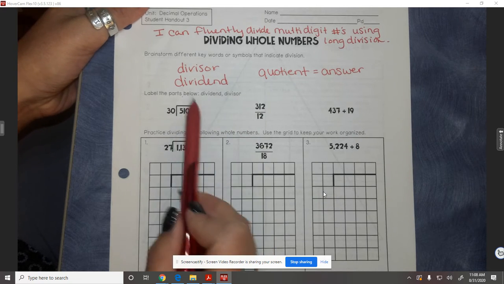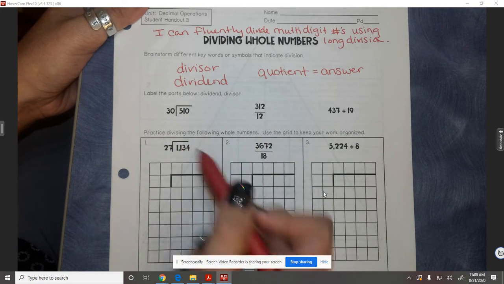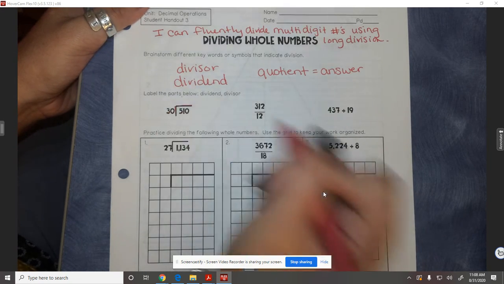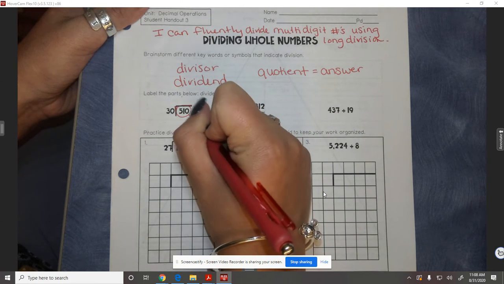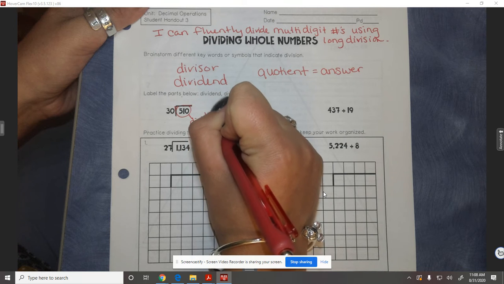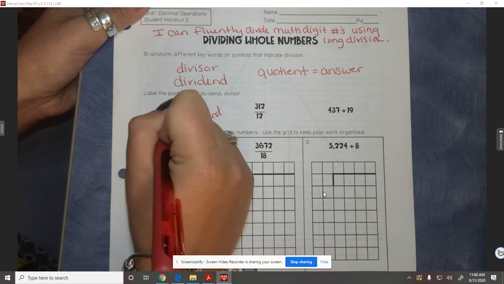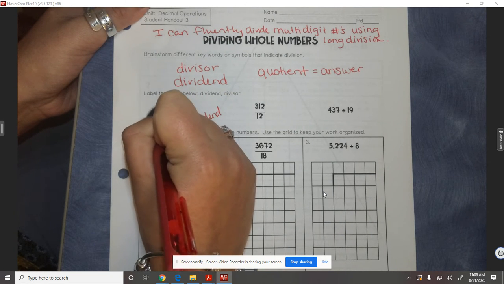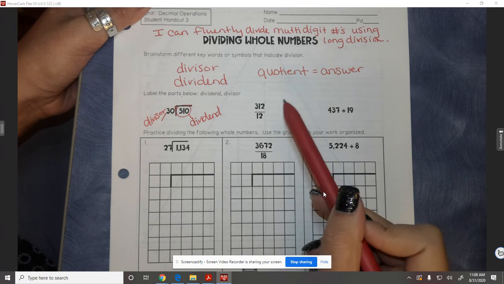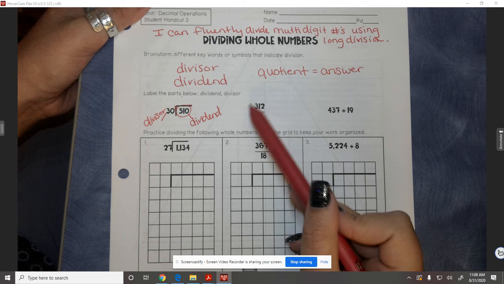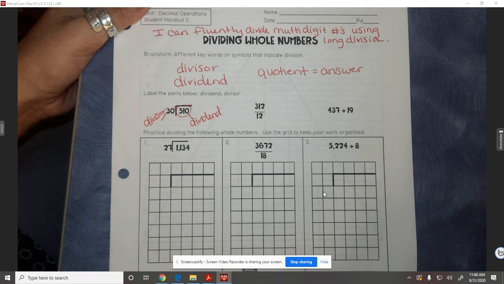So this is the standard algorithm format. Sometimes you call this the little house. Inside the house is your dividend, and outside the house is your divisor. We've also talked about before, and if we don't remember, fractions are also a form of division.